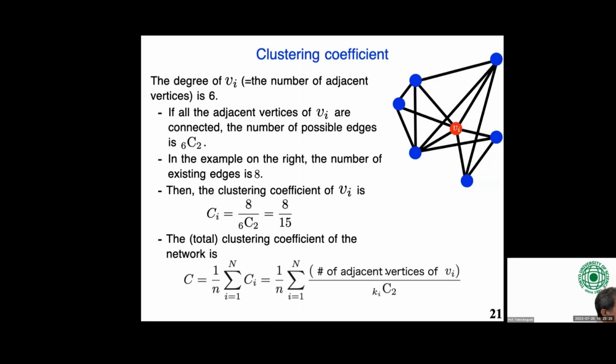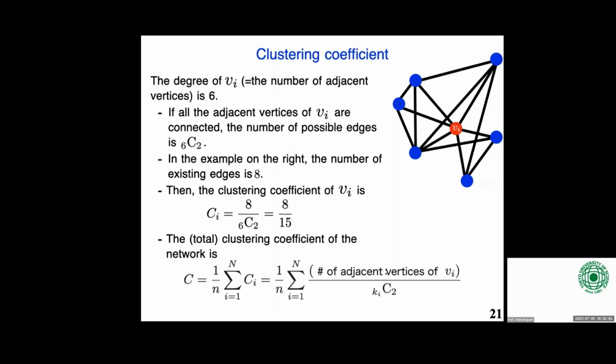For example, a red triangle structure like this exists. Of course, there are other such triangles on the vertex Vi. These three triangles were not the only triangles that exist when Vi is considered as a center. So we calculate how many triangles exist just around the given vertex Vi.